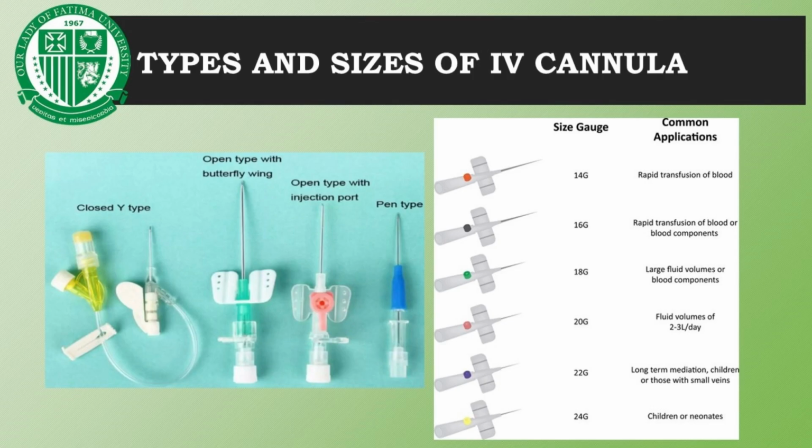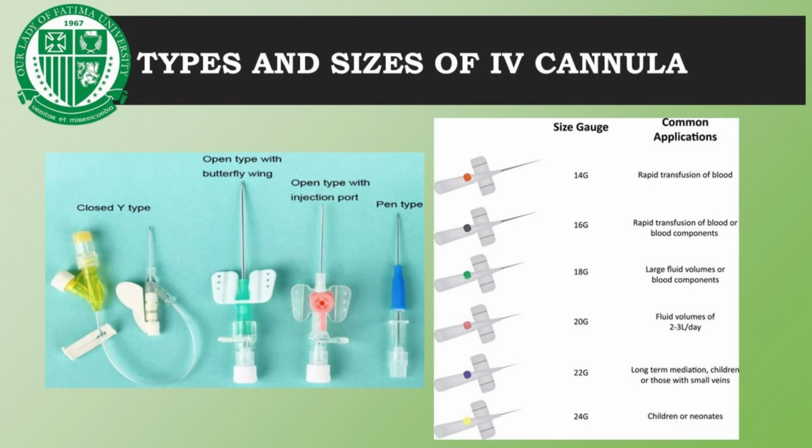It is commonly used for pediatric and elderly patients with fragile veins. The 24-gauge yellow IV cannula has an outer diameter of 0.6 millimeters and an ideal flow rate of 20 milliliters per minute. It is commonly used for neonatal, pediatric, or very fragile veins.